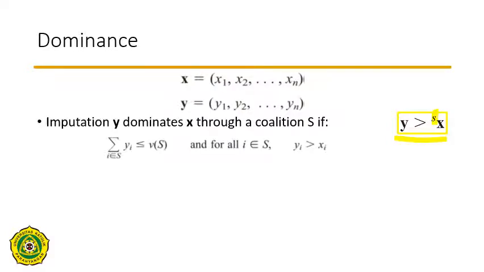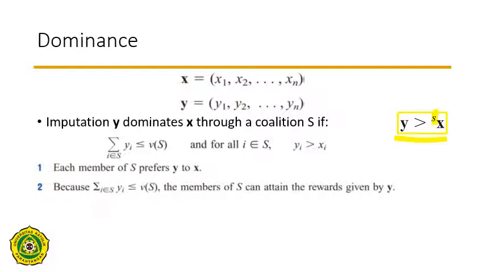These conditions mean that first, each member of S, so those who are going to form a coalition, prefers y to x because yi is always greater than xi for all players i who are elements of the coalition S. So it means that those who want to form a coalition S always prefer the reward given by imputation y compared to the reward given by imputation x.